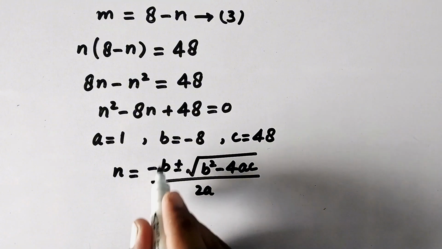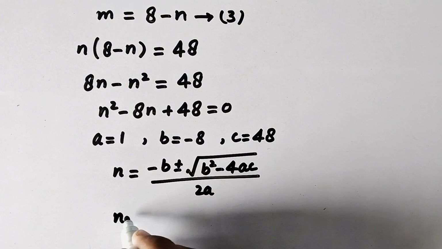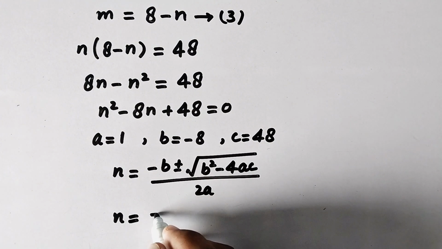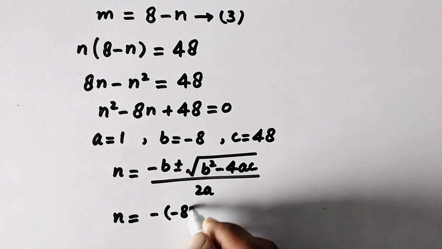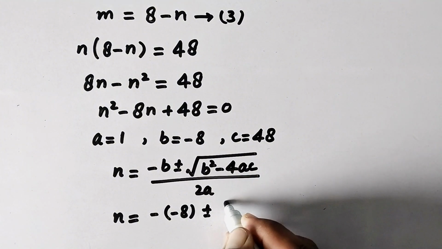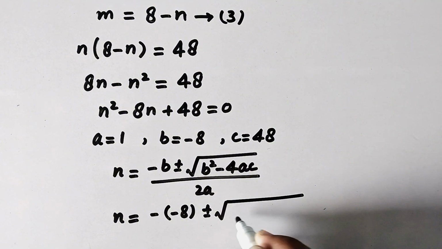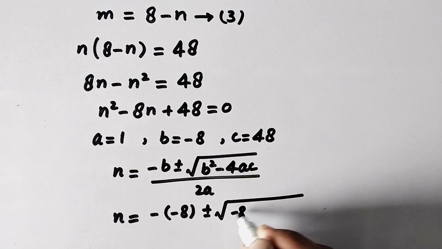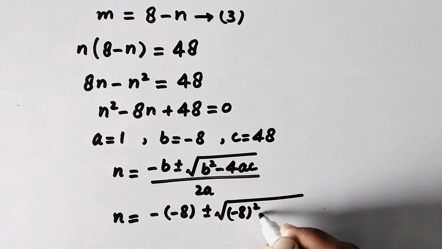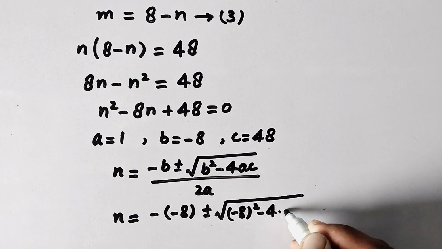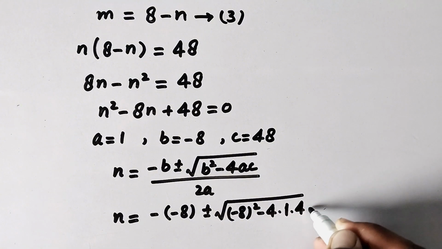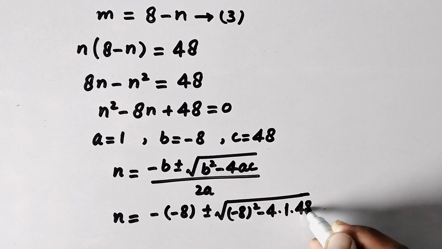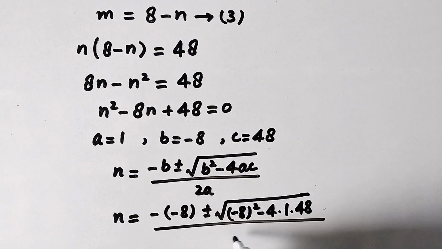Now by putting the values of a, b and c, here n will be equal to minus into minus 8 plus or minus root of minus 8 square minus 4 times 1 times 48 divided by 2 times 1.